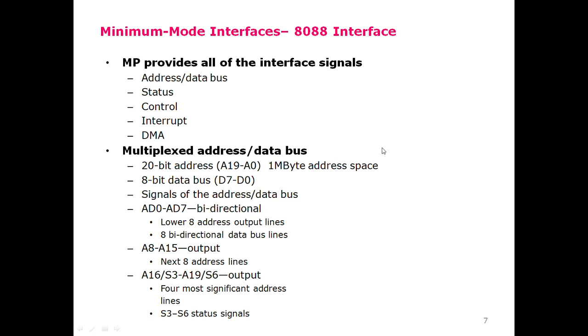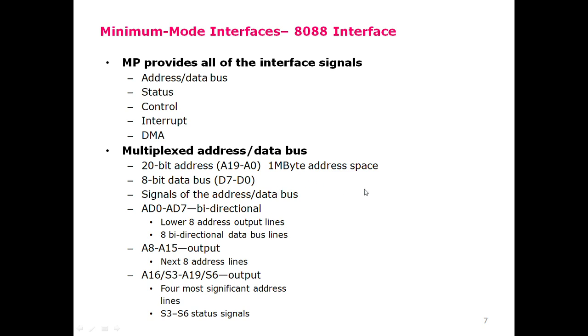There are some multiplexed address and data bus pins on the microprocessor. The 20-bit address in the 8088 microprocessor is multiplexed. These 20-bit address pins represent the address A0 till A19, and this 20-bit address in the 8088 and the 8086 microprocessor is sufficient to provide 1 megabyte of address space.